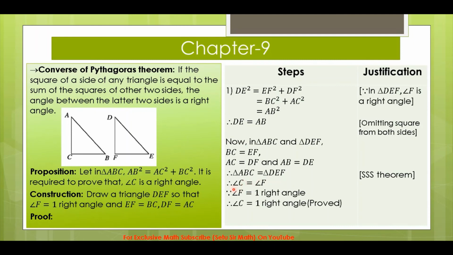Therefore angle C equals angle F. Because these two triangles are congruent, all the sides are equal to one another and all the angles are equal to one another. Then since angle F equals one right angle, therefore angle C equals one right angle, and that is the desired proof.